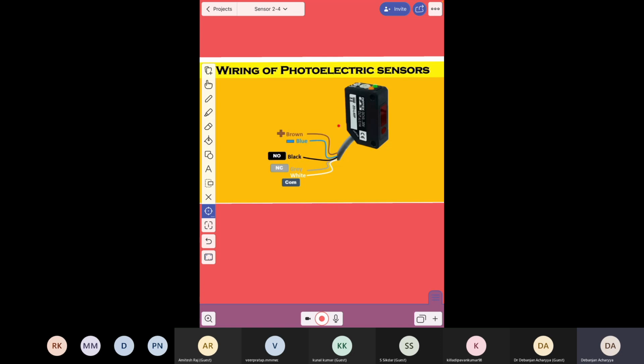In this type of photoelectric sensor, there is an inbuilt relay, and you can directly connect this NO and NC wire to any external device to control that switch. There is also another port, the common terminal, or you can use it for other purposes like commanding or sourcing this photoelectric sensor to other circuits.